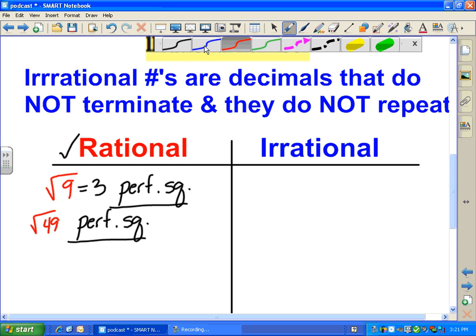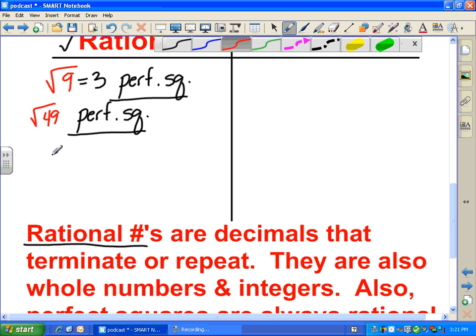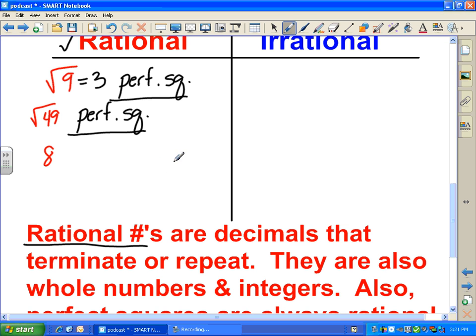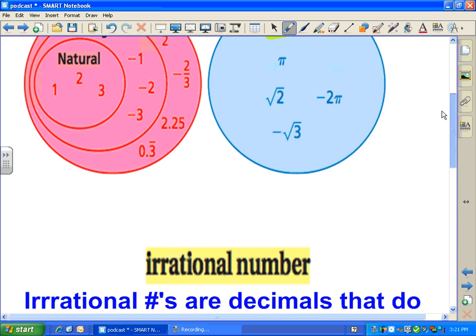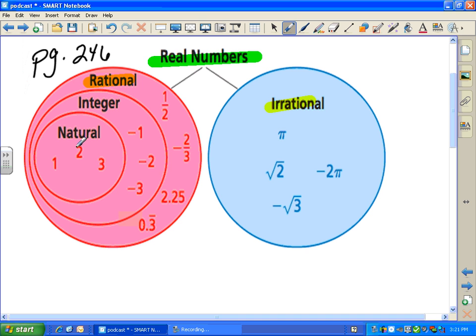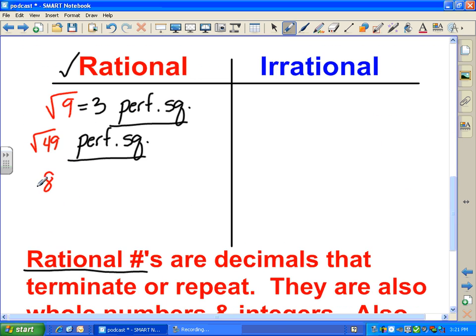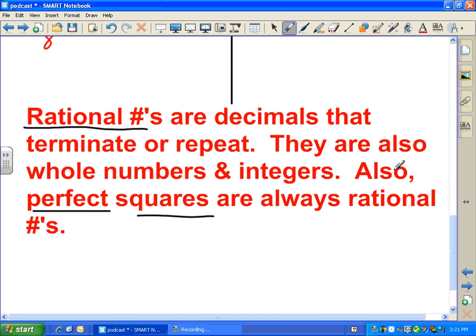What if you said, Mr. Phillips, how about 8? By definition, 8 is what I call a whole number, or what the book calls a natural number. Whole numbers or natural numbers are always rational numbers. Right here, rational numbers are always whole numbers.